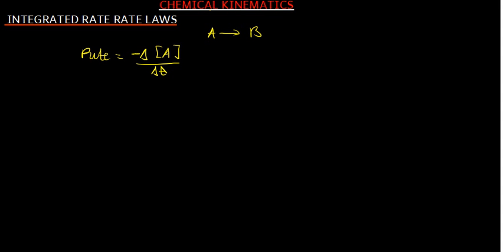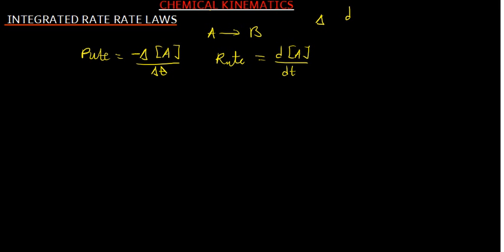Now, this can also be written as rate is equal to, instead of using just change delta, we can use D. So we can say negative dA divided by dt. So this is telling us a change in concentration of A over the change in time.